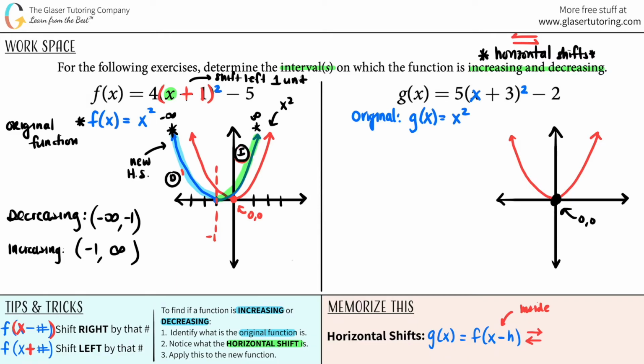However, now, notice what the shift is. In this case, it's a +3. +3, or plus any value, is a shift to the left. So you technically shifted to the left 3 units. So I'm just going to make my little tick marks here. 1, 2, 3. 1, 2, 3.